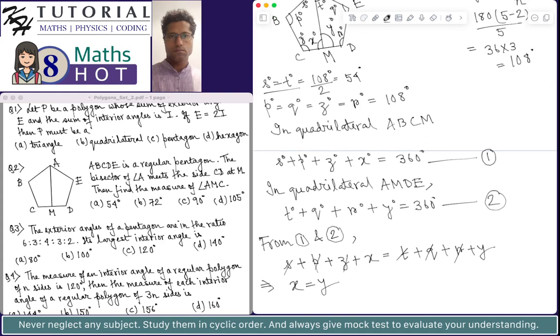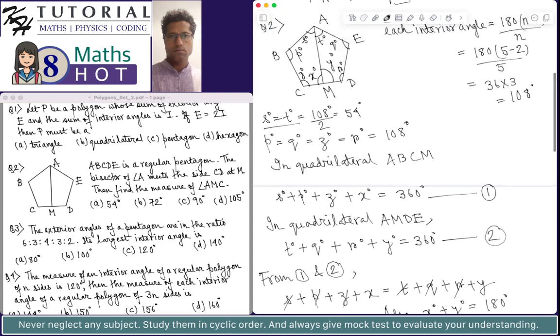Now we also know that we must have x degree plus y degree equal to 180 degree, because the ray AM is incident on the segment CD at the point M, so the sum of all the angles on the side of the line segment CD should be equal to 180 degree.